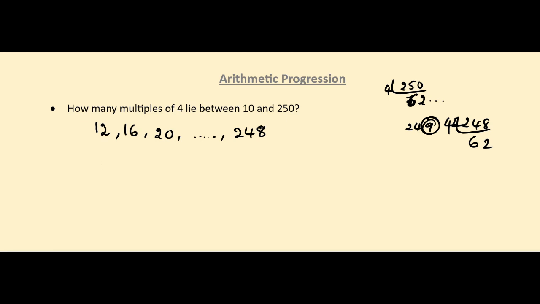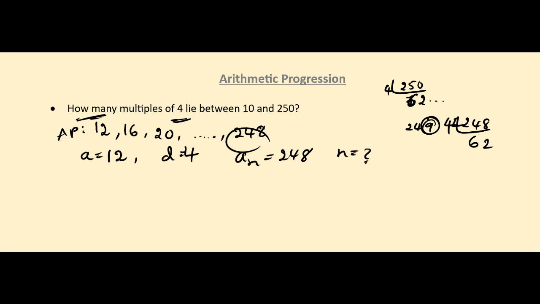So from this AP, a means the first term, that is 12. The difference d, since these are multiples of 4, the common difference is 4. Then the last term an is 248. They are asking how many, meaning the number of terms, so we want n.